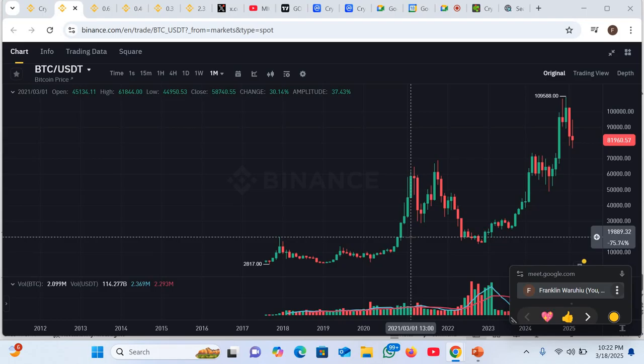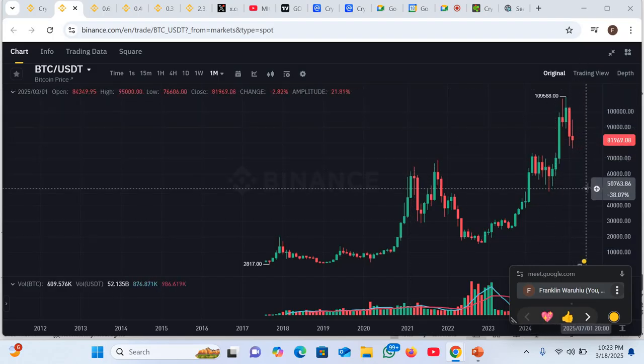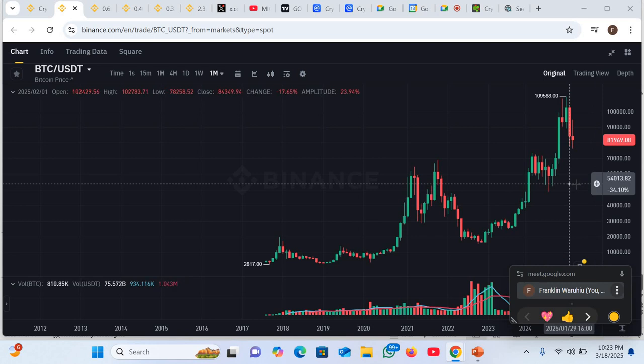So right now Bitcoin is 81,000. It is still high. So if Bitcoin was to drop by 50% from the high of 109, we should be expecting Bitcoin to come to, you can clearly see at around 54, there is a support. And don't be surprised if Bitcoin fills that gap.